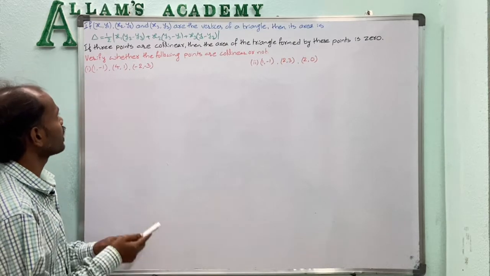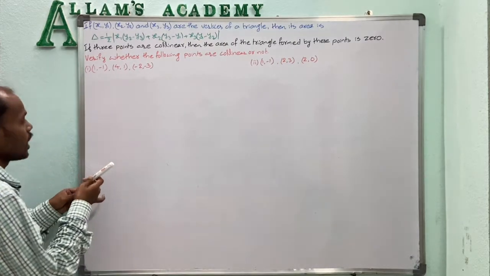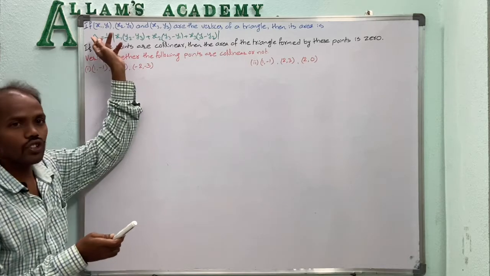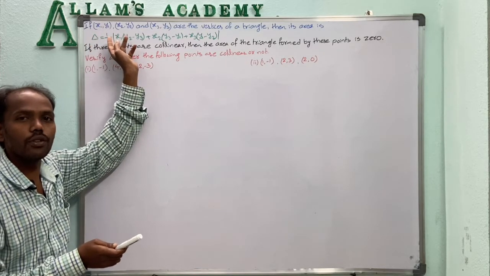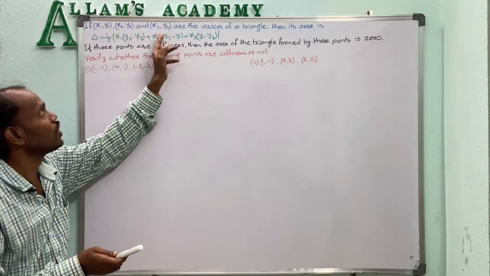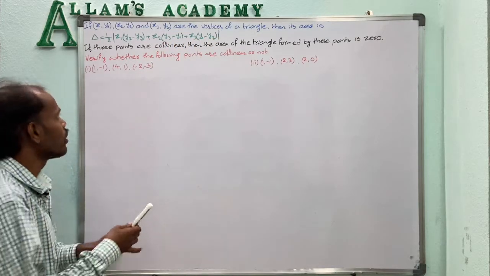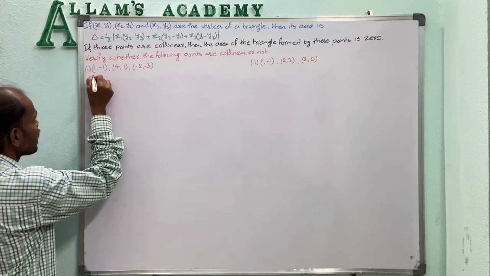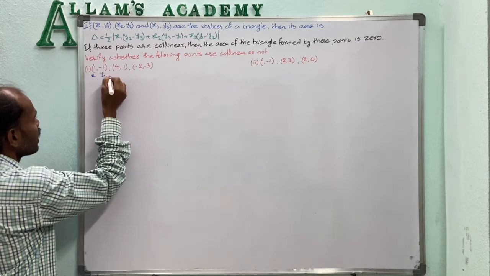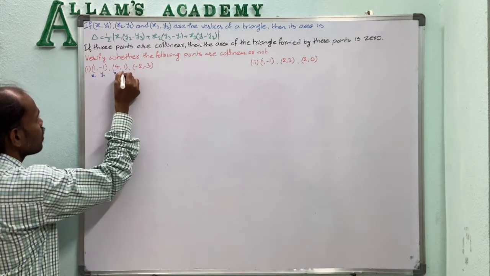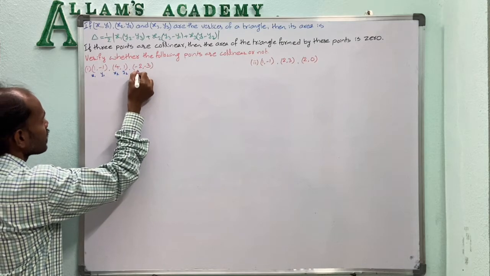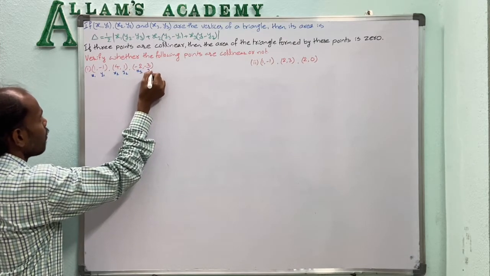So the area of the triangle is equal to half mod x1 into y2 minus y3 plus x2 into y3 minus y1 plus x3 into y1 minus y2. Here the x1 y1 coordinates are 1, minus 1, the x2 y2 coordinates are 4, 1, and the x3 y3 coordinates are minus 2, minus 3.